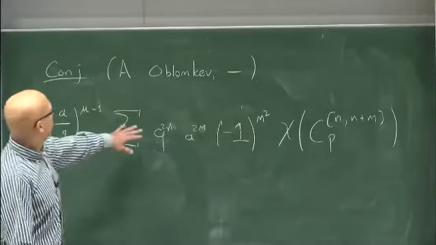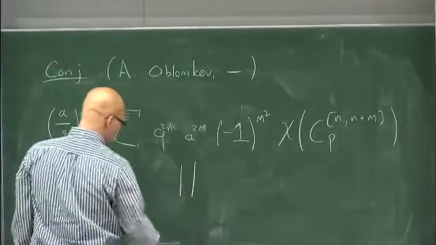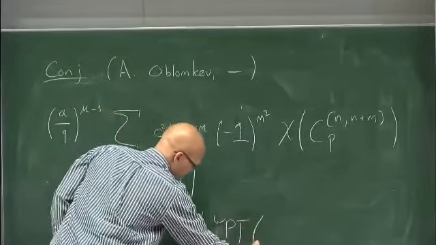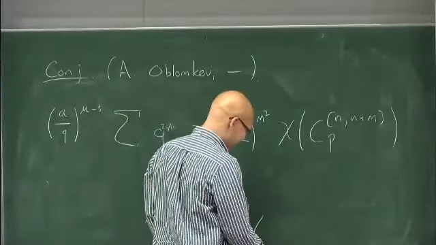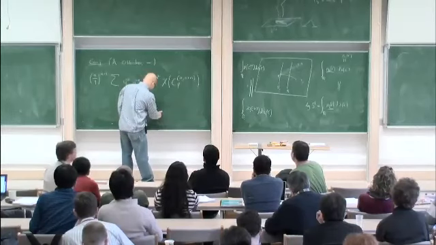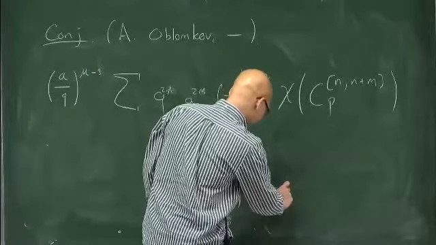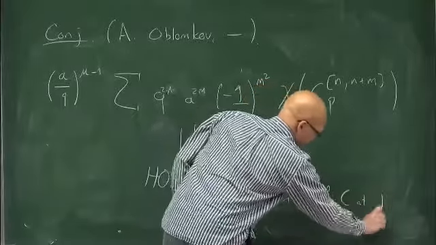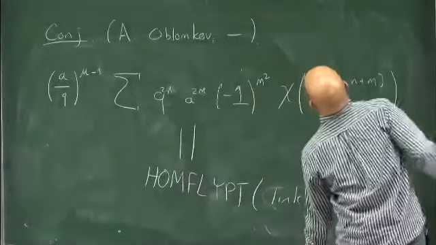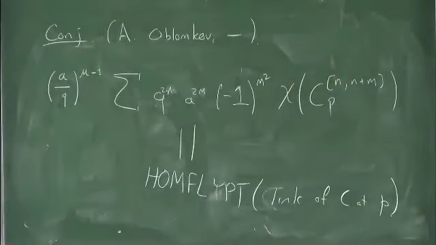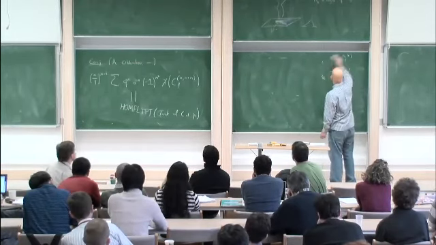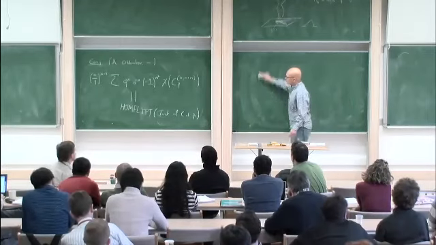So this is some generating function of Euler numbers of these things, and the conjecture is that this equals the HOMFLY polynomial of the link of C at P. So that's one conjecture. Mu is the Milnor number of the singularity.